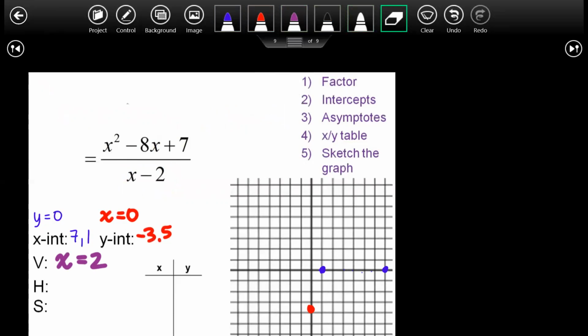So in this case, because I have large over small, we're going to look at x squared to x to the first, so larger over smaller. That means what I have to do? Long division. So inside would be 1, negative 8, 7, and 2 on the outside.